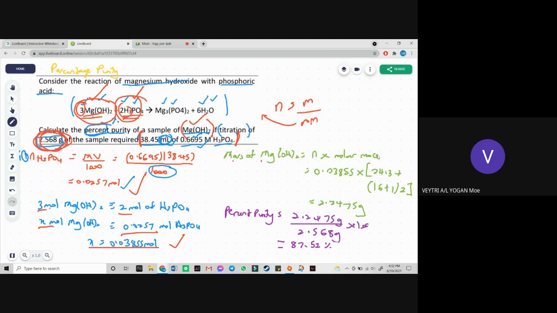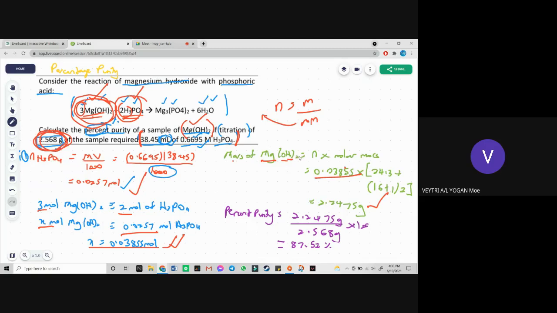Please write down the formula again. Next, number of mole, yes, you have found over here. Substitute over here. Molar mass. Don't forget 24.3 for magnesium. Oxygen 16 plus hydrogen 1. Lepas tu baru darab 2. Then only tambah semua. Then you'll get the mass that is actually gained from the stoichiometric equation. Okay? From the stoichiometric equation.